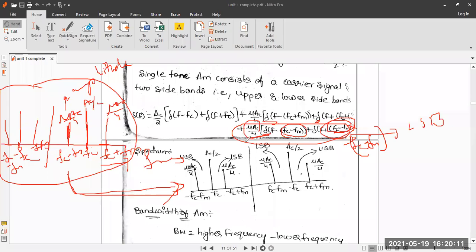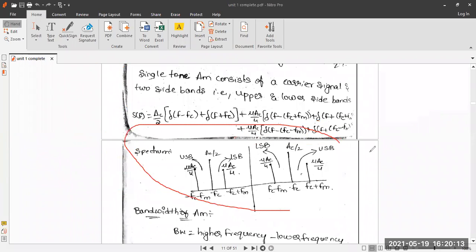Okay, so if you observe the spectrum, this is the carrier. This is called lower sideband. Sorry, this is the upper sideband.